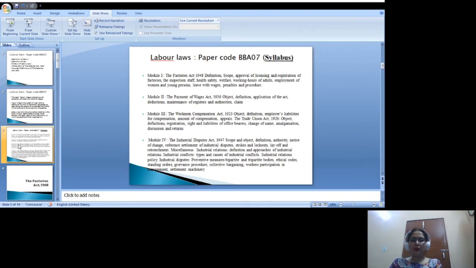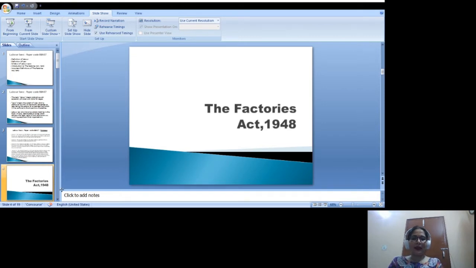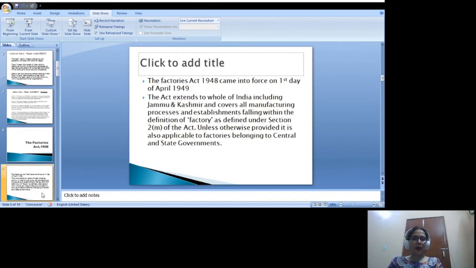Now we will start with module 1, which covers the Factories Act 1948. This act was formed in 1948, but it came into force on 1st April 1949.